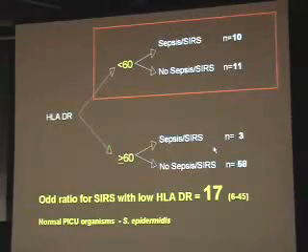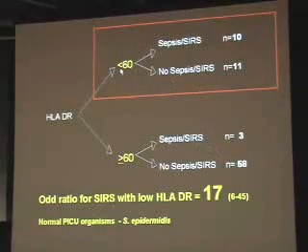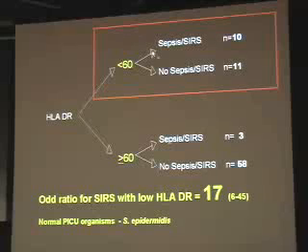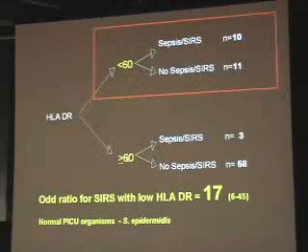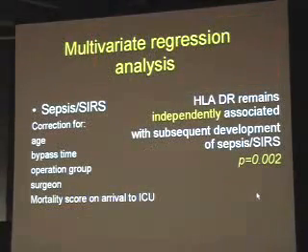But the important association is that if your HLA-DR level on your circulating monocytes falls below a certain threshold, it doesn't particularly matter which threshold you use, your rate of developing systemic inflammation is very much higher. And here, with the split above 60 or below 60 in arbitrary units, the odds ratio was 17-fold for developing systemic inflammation. So this is a true risk factor that is independent of all the other things you might think determine your probability of getting sick on intensive care unit, how old you are, the type of operation, etc.